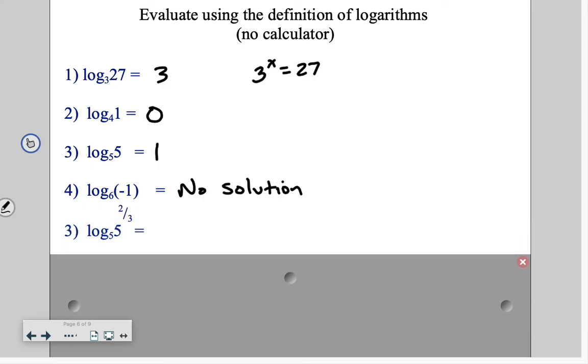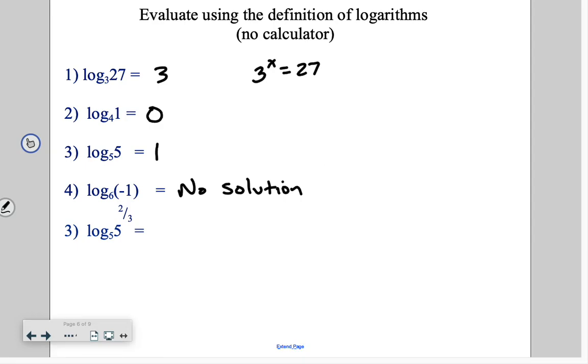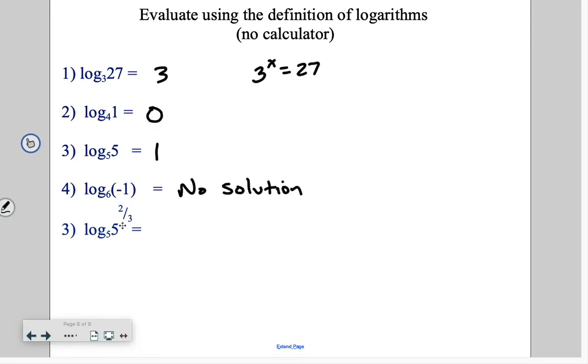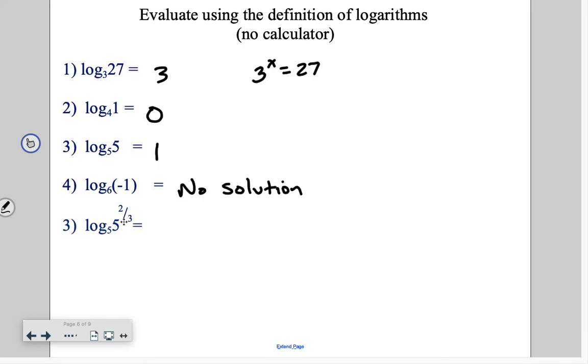Last one. Let's see if you can get this one. Log base 5 of 5 raised to the 2/3 power. Any ideas? This one's also a little bit tricky in terms of messy.